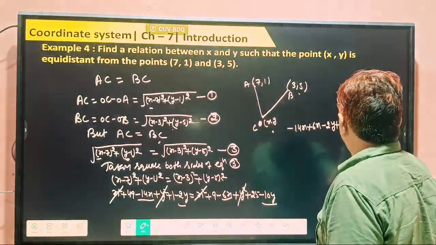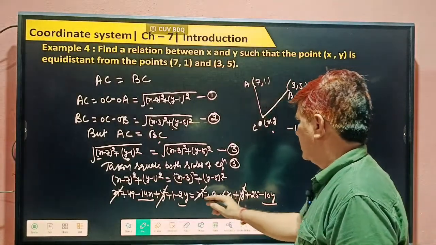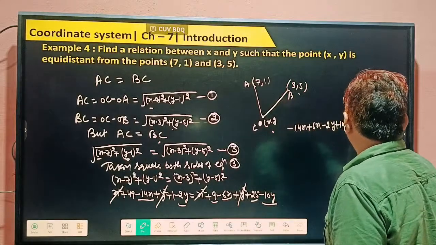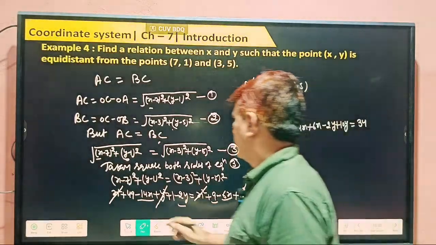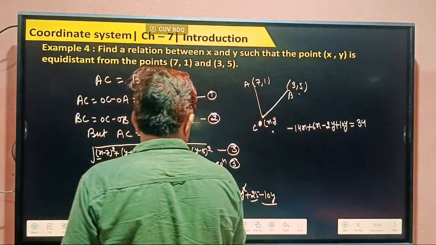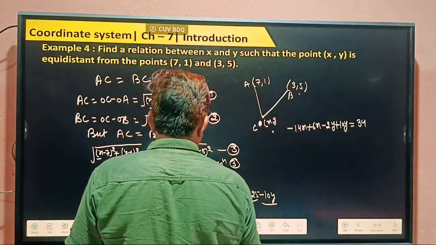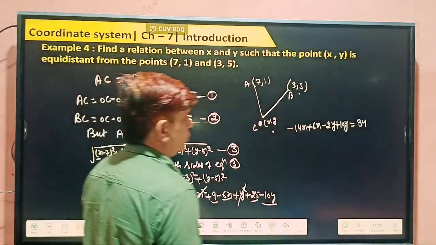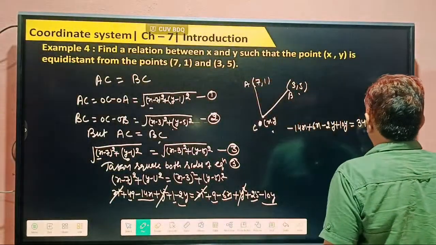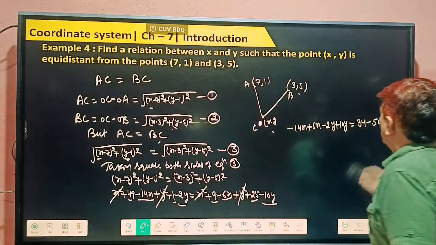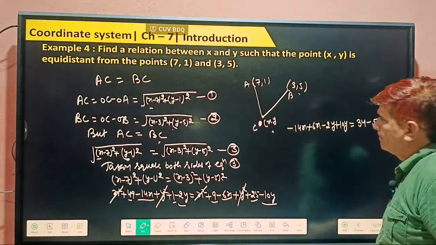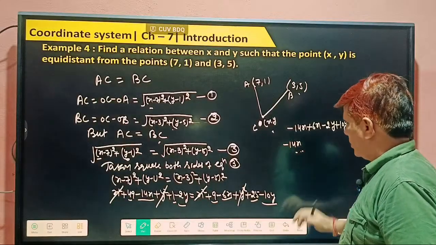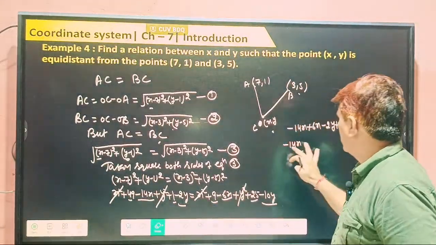Understood? Equal to, what is this? 9 plus 25, 34. Here 49 plus 1, 50. So on this side, what becomes? Minus 50. Getting or not getting? So this is minus 14x.